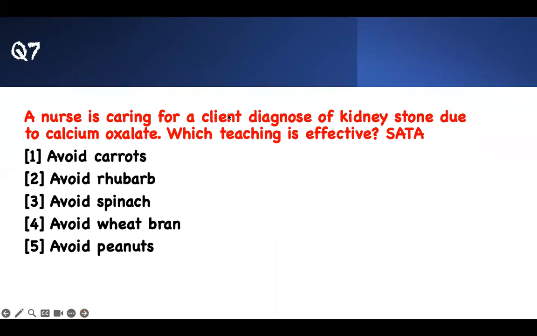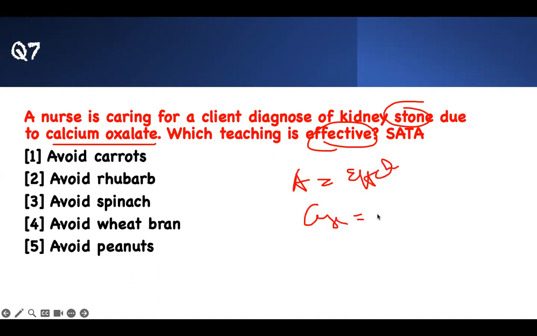Number 7. Which teaching is effective? A nurse is caring for a client diagnosed with a kidney stone due to calcium oxalate. So A, effective. The case is a calcium oxalate stone. So what do I need to do? Provide teaching that is effective. What do you think? Don't eat oxalate.